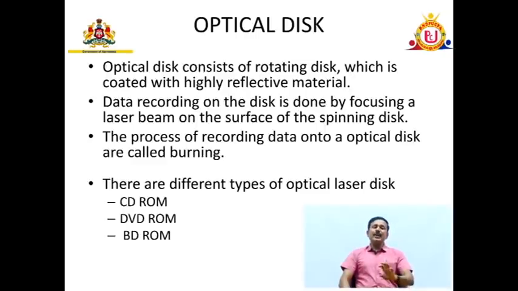In CD-ROMs we have two types, that is once recordable and re-recordable CDs. In case of once recordable, we can store the information only once. Once it is stored, it will get burned. After burning, we cannot restore the information onto the same location. It is a once writable disk. We can read any number of times, but while storing the information, we can store only once.